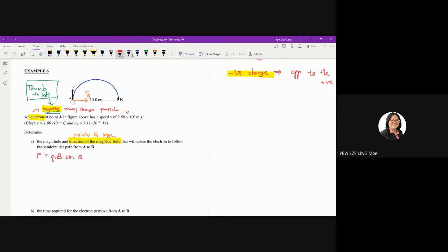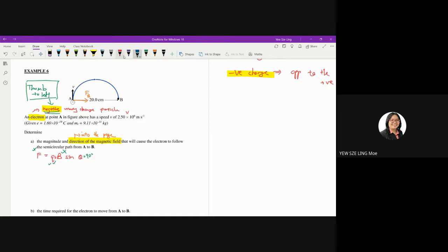Cannot, you don't have force, you don't have B. You do have theta, which is 90 degree. You do have Q. You do have V, but you don't have magnetic field. That is the thing that you want to calculate. You don't have magnetic force. Then we need another alternative method to solve it.